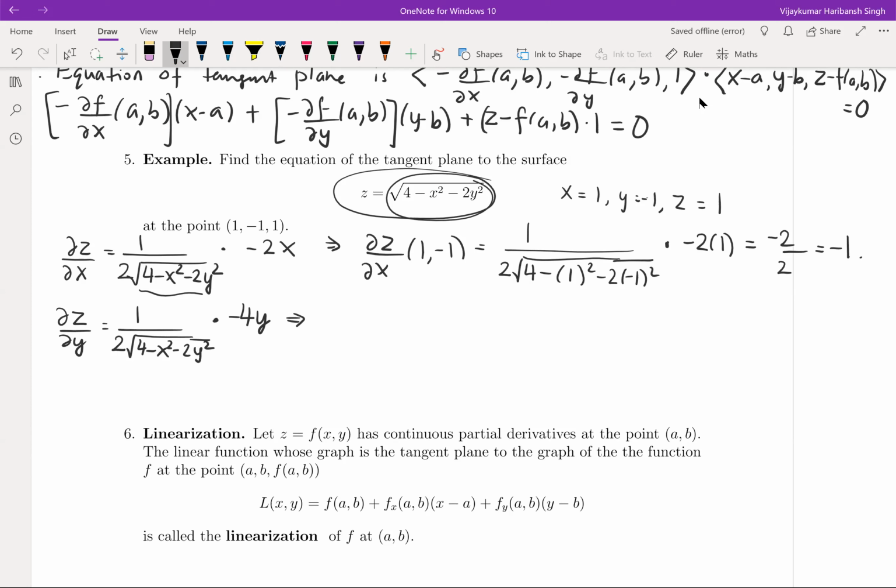This gives us, at 1, minus 1, it is going to be 1 over 2 times minus 4 times minus 1, which is going to be 2.